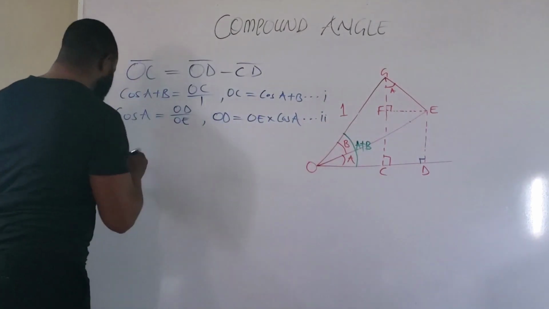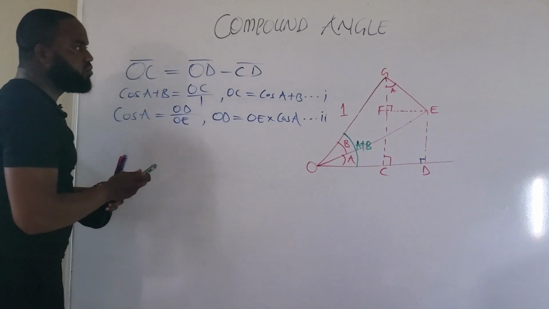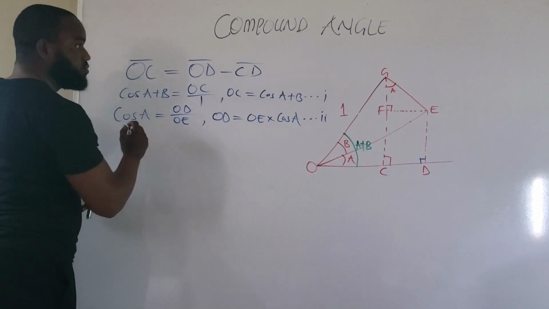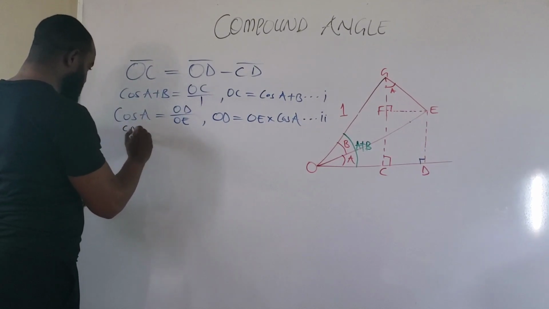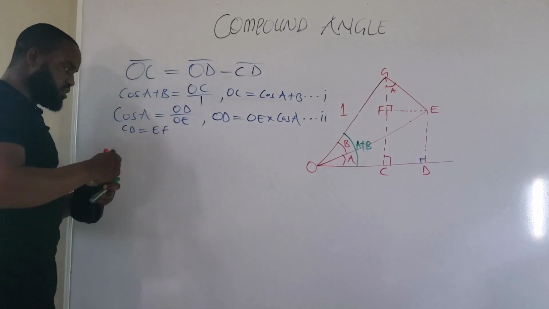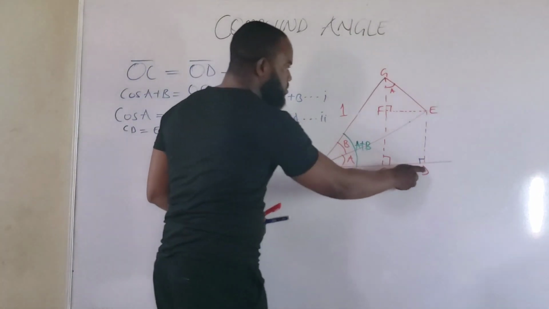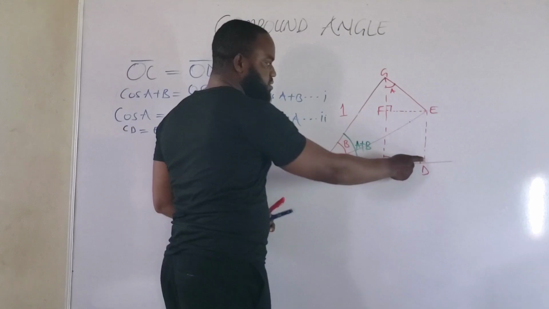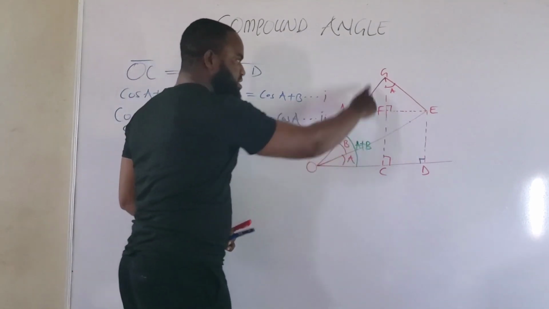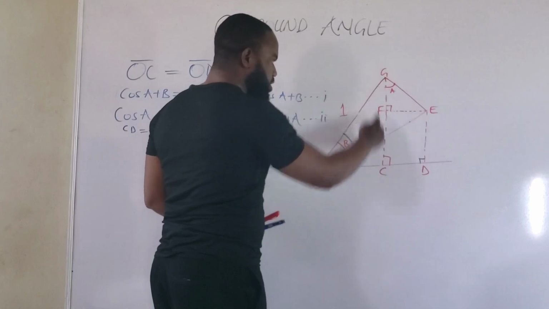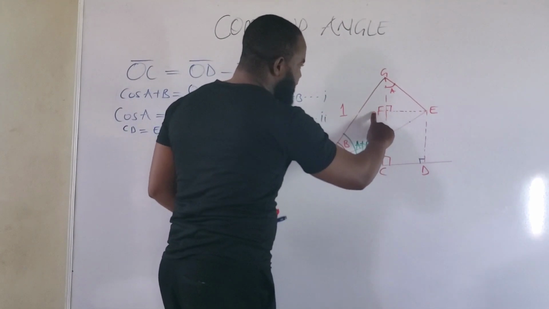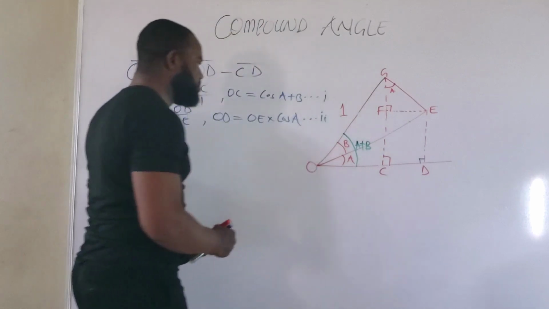So we know that CD is equal to EF, because these are perpendicular, from down here to up there. So the line EF is equal to line CD.